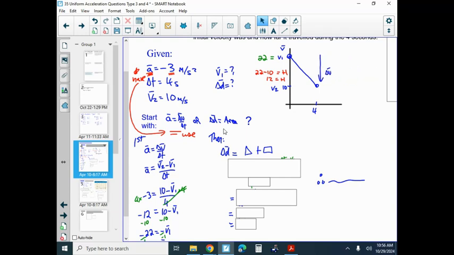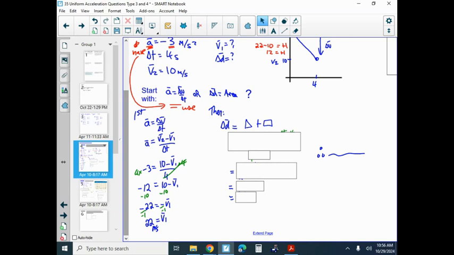If we were to look at that number, we didn't need to do it here, but delta V itself would be V2 minus V1. And so we'd have the 10 minus the 22, which should be negative 12, right? So delta V is negative 12 meters per second. We slowed down by 12, right? But in terms of heights of a triangle, because we're going forward, we're going to use that as a positive 12.